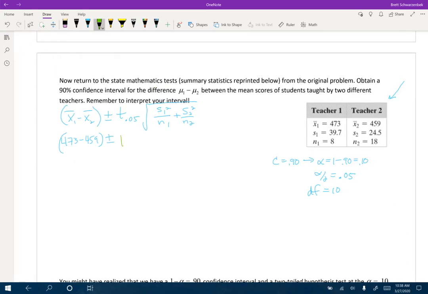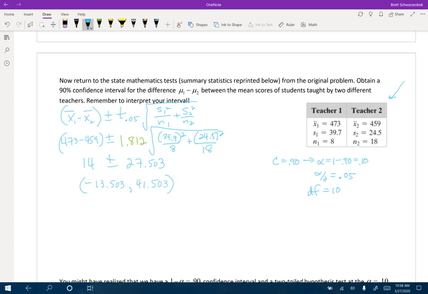So 1.812, and then the square root of, and then we just keep subbing in numbers, 9.7 squared over 8 plus 24.5 squared over 18. If we do the calculations, we're going to get 14 plus or minus 27.503, which is going to give us an interval of negative 13.503 to 41.503.